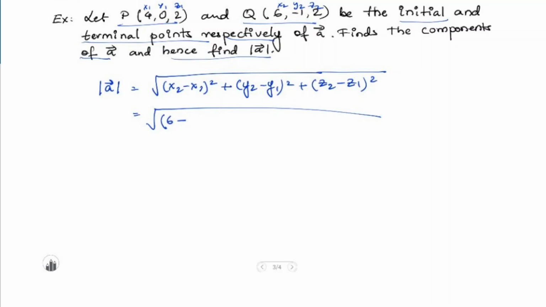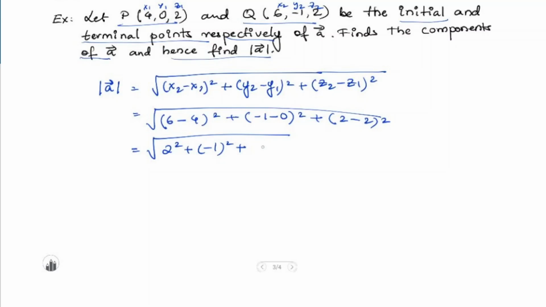So x2 minus x1 would be 6 minus 4, the whole squared, plus we have minus 1 minus 0 squared plus 2 minus 2 squared. So that would give us 6 minus 4 is 2 squared plus we have minus 1 squared plus we have 2 minus 2 is 0, so 0 squared. And that's going to give us 4 plus 1. And that is root of 5.